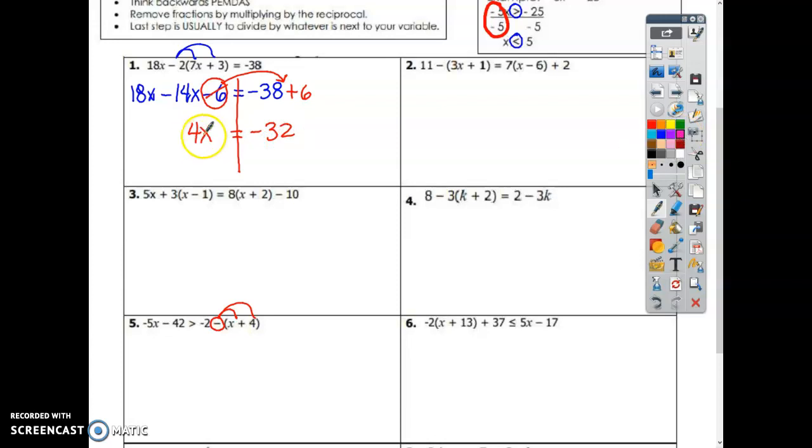These two are multiplying, so divide both sides by 4. X equals -8. If we put that in Desmos, the left side goes in y equals and the right side goes in y equals. If you forget to put y equals, it may not graph it.